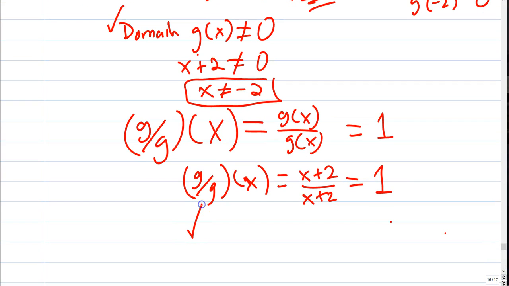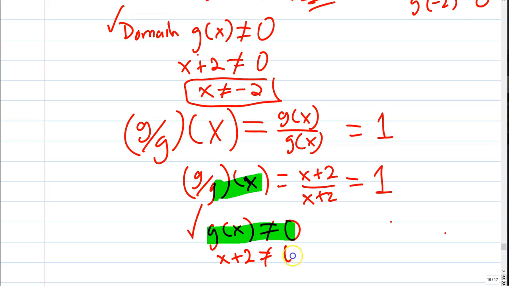Make sure you verify that the denominator cannot be 0. Because if I just had a function of 1, there is no restriction in and of itself. But the fact that one of these is a denominator creates the fact that x plus 2 cannot be 0, so that x cannot equal negative 2.